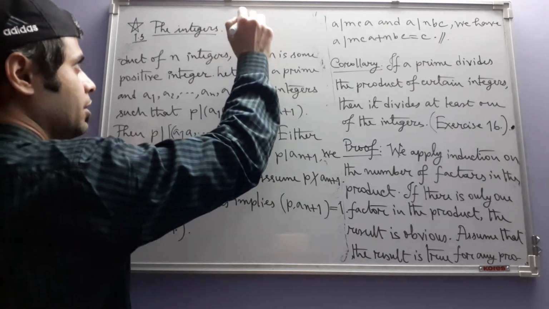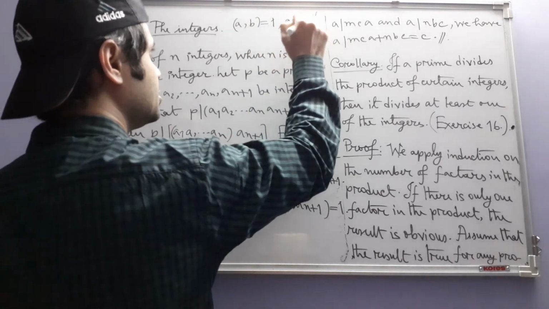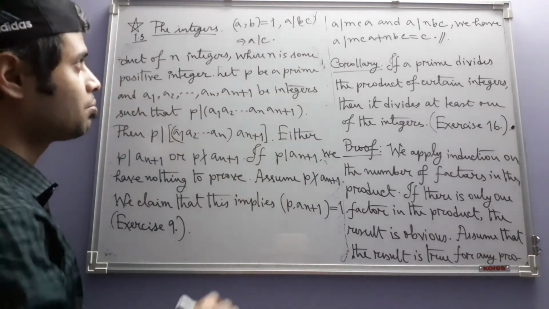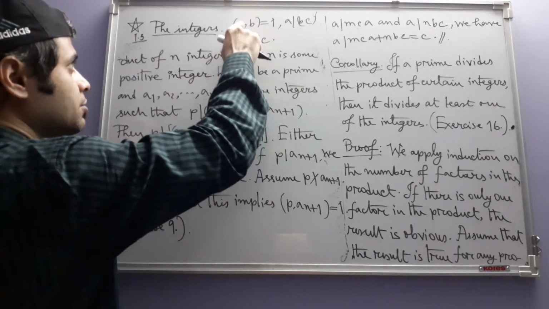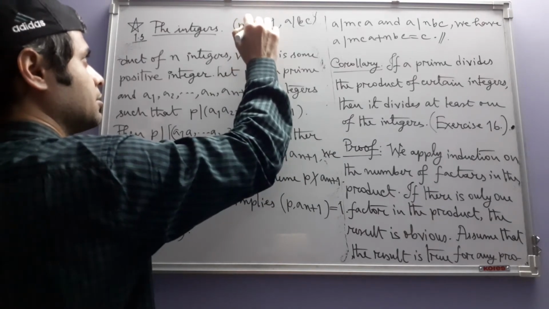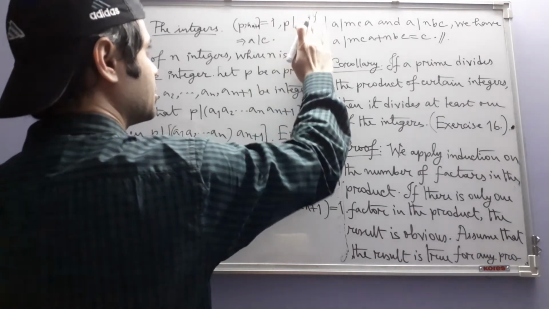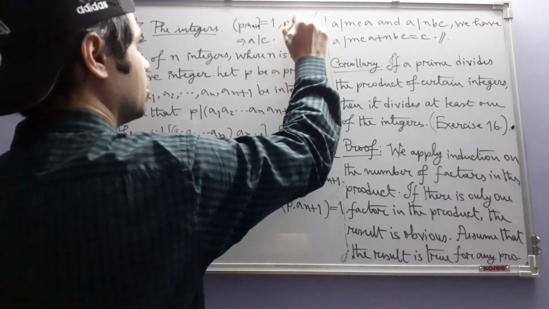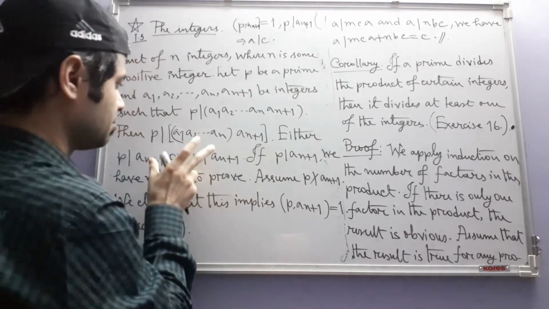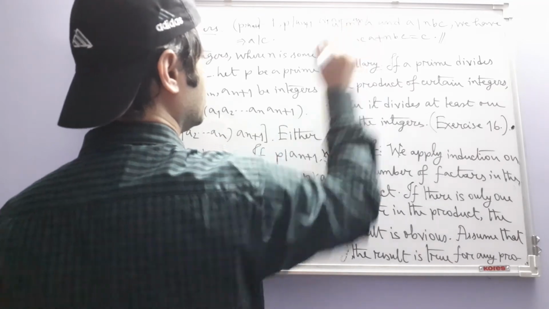That lemma said that if A and B are relatively prime and A divides BC, then A must divide C. Now in place of A, you think of P, in place of B, you have an plus 1, and in place of C, you have this other product, A1, A2, up to an.